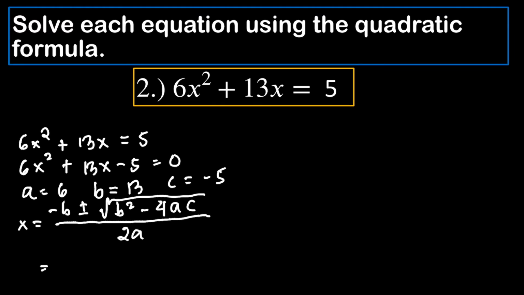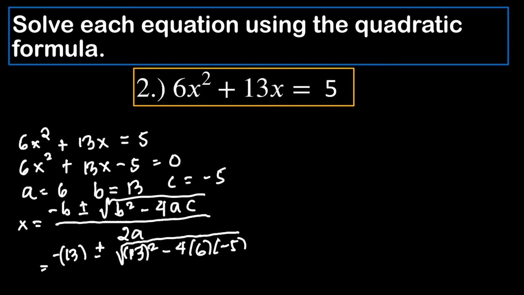Our b here is 13, so that will be negative 13, plus and minus the square root of 13 squared minus 4 times a, which is 6, times c, which is negative 5, all over 2a, or 2 times 6, because our a is 6.